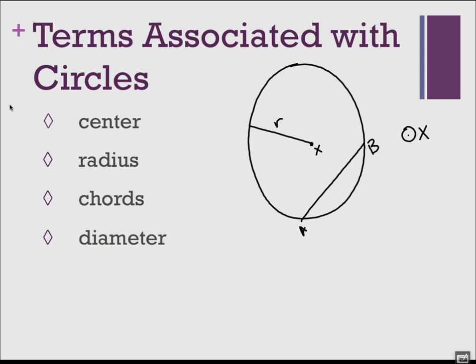Say that again. It's a line segment that does what now? It goes through the center and connects to the end point of the circle. Not end points, the points in the circle. Any points, as long as it passes through the center. Like that. Yep. Good.